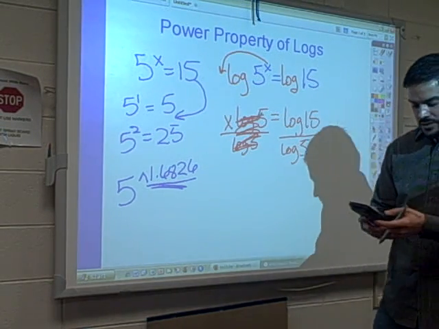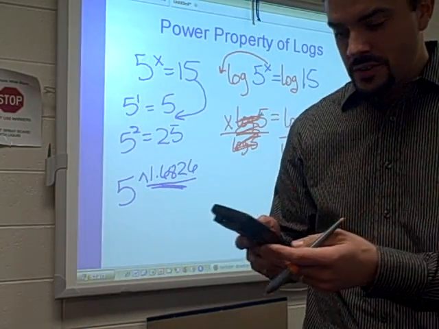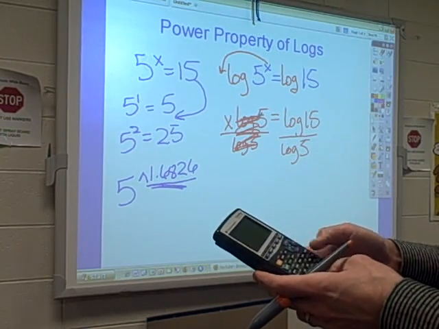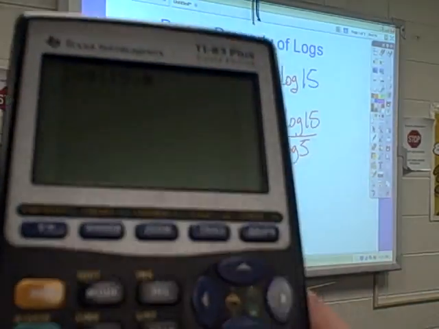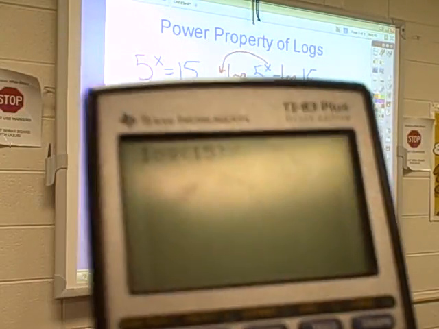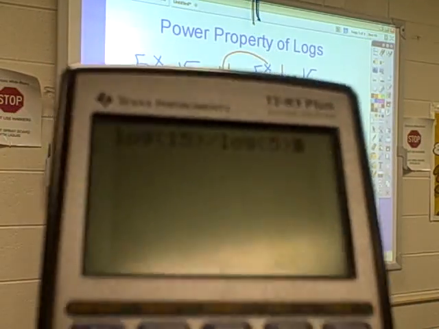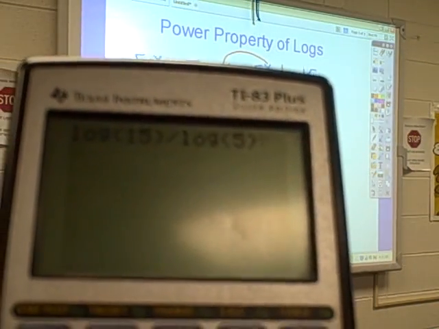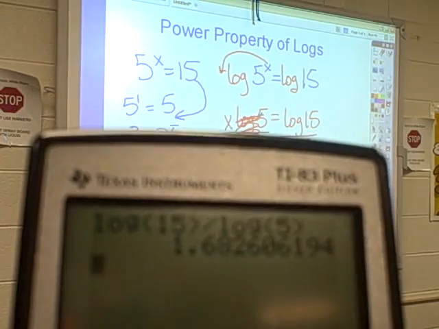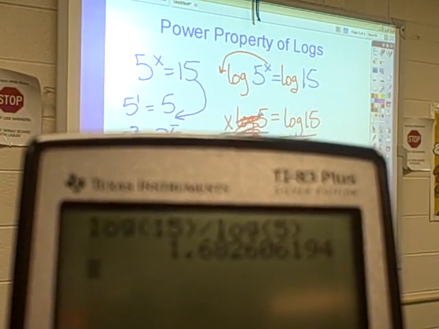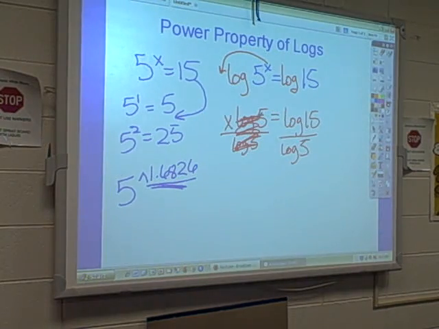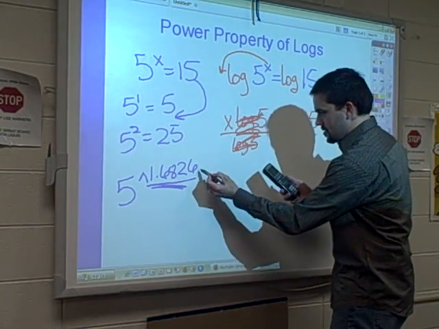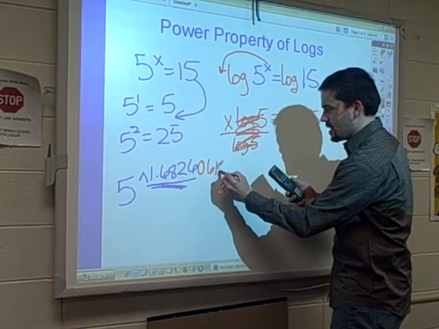So as we get out our calculators, take log 15, and please make sure you close your parentheses on those kinds of problems. Log 15 divided by log 5, close parentheses, and we'll see just how close my approximation was. Now you can see 1.68260619, and so on, with 06194 after.